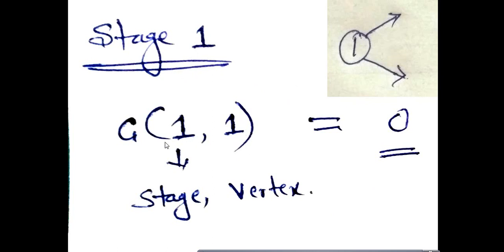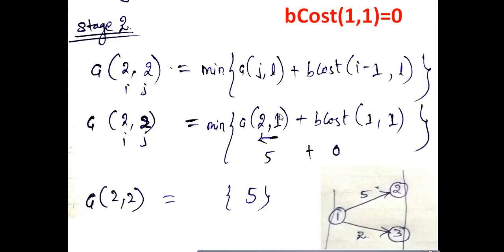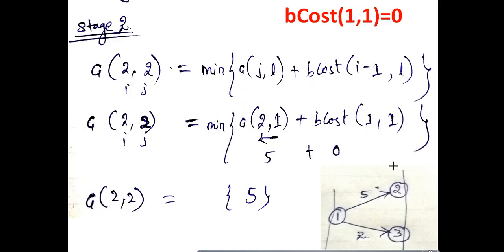So the cost of the first stage, first vertex is 0. In stage 2, how many vertices are there? First understand this. Two vertices are there: vertex 2 and vertex 3 at stage 2.